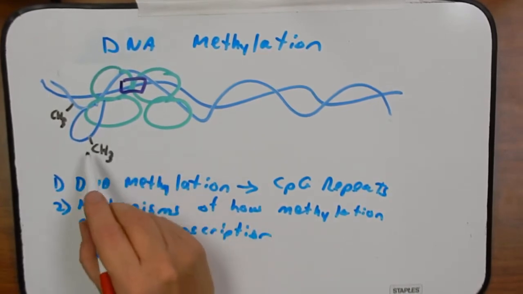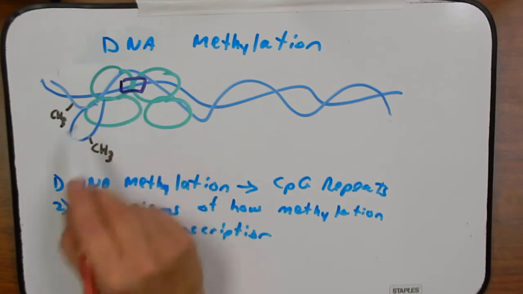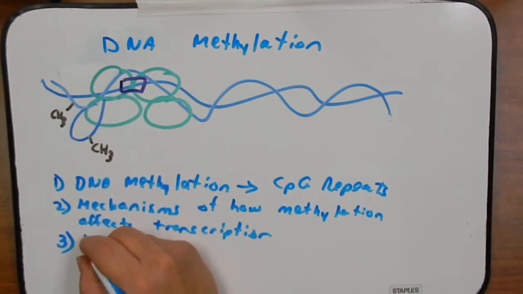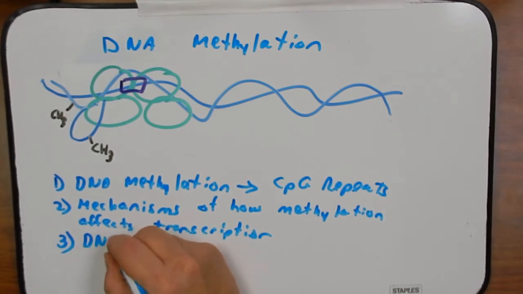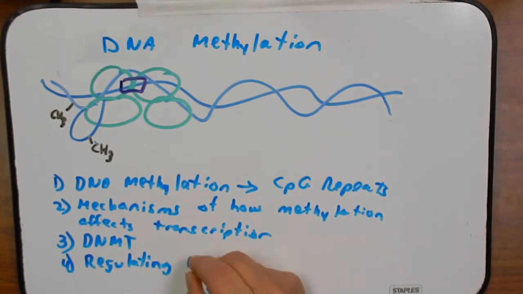How does the presence or absence of these methyl groups here determine whether or not this gene is going to be expressed? Then we want to talk about the enzymes, which we're going to call DNMT, how these enzymes transfer methyl groups here, some of the properties of these enzymes. And then we want to close with regulating DNA methyltransferases.